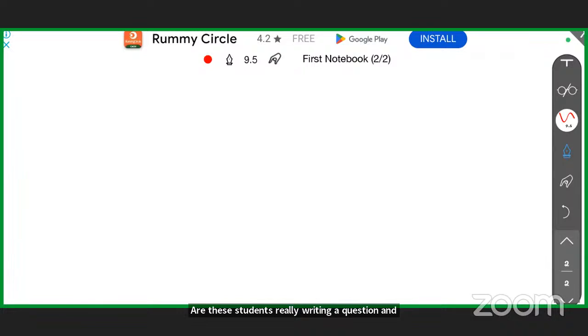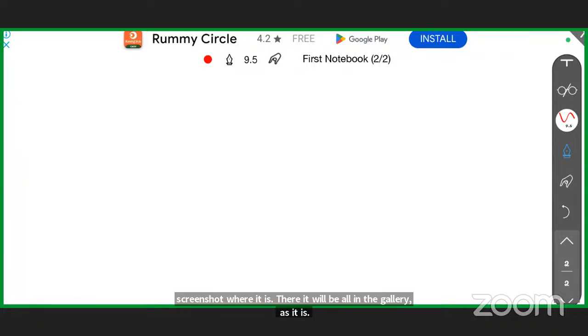So from the past 3-4 classes, I'm not pasting any questions. I'm dictating. Taking a screenshot is good, but we don't know where it is. It will be all in the gallery as it is. But writing it in a book will always help you out.